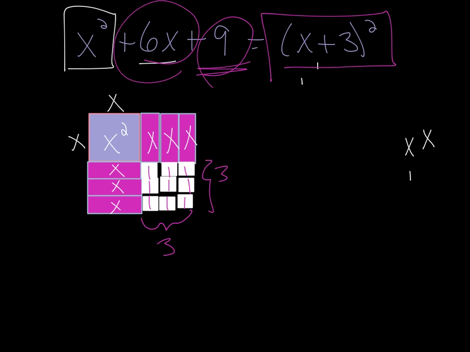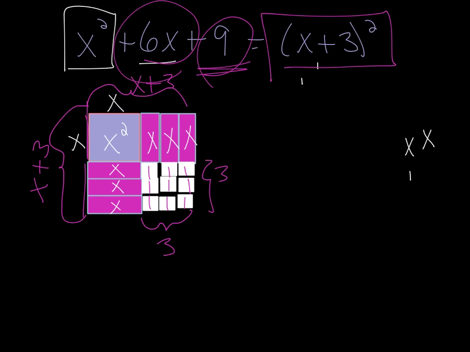Well, if you look at what's making up the lengths and the sides of this box, we have one side here that's length x and one side here that's length 3. So this whole thing would be x plus 3. And same for the opposite side, it's also x plus 3. In fact, all the sides all the way around are x plus 3 because it's a perfect square.